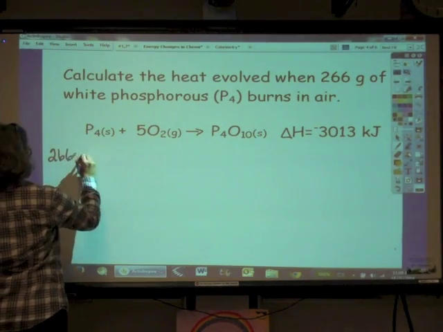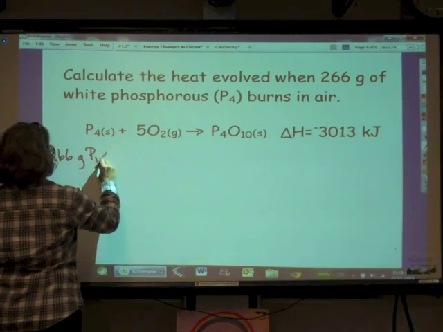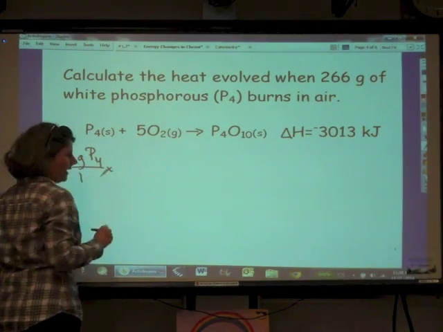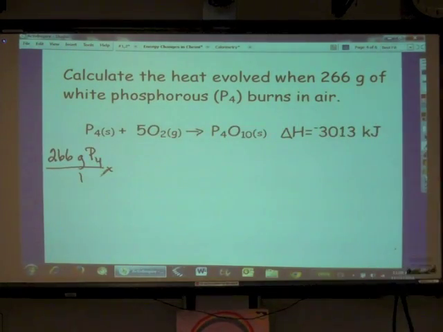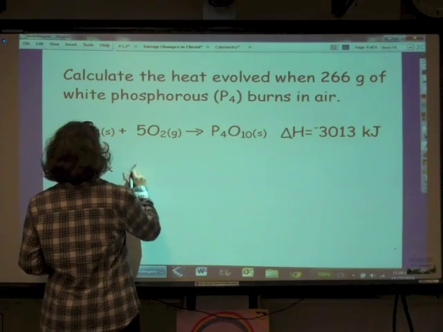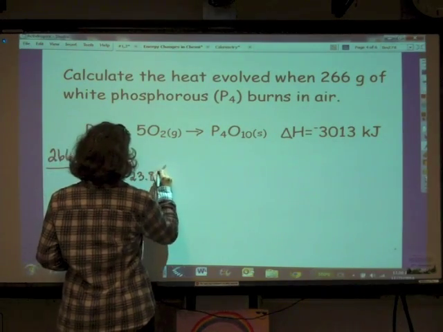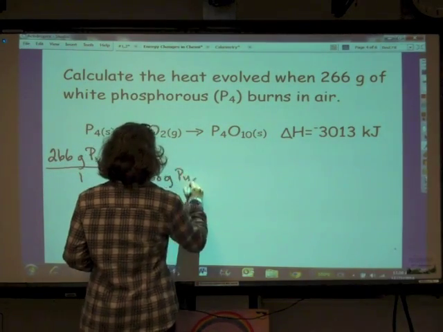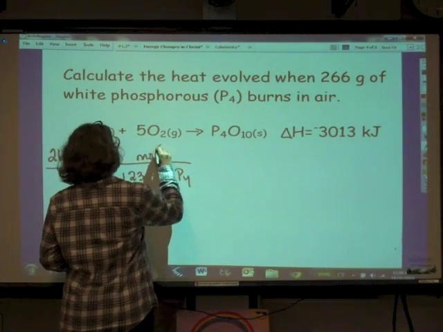So we have 266 grams of P4, and the molar mass is 123.88 grams of P4 per mole of P4.